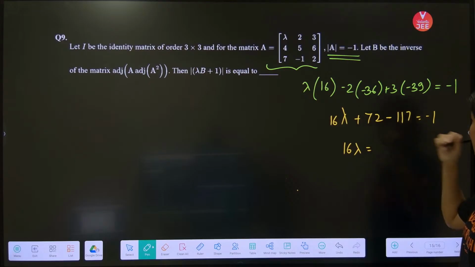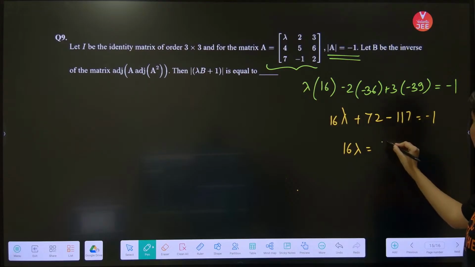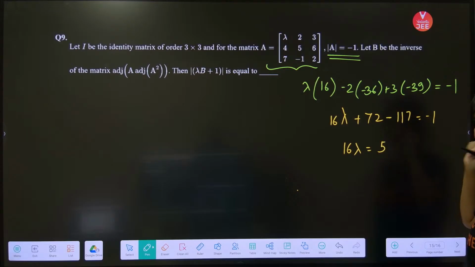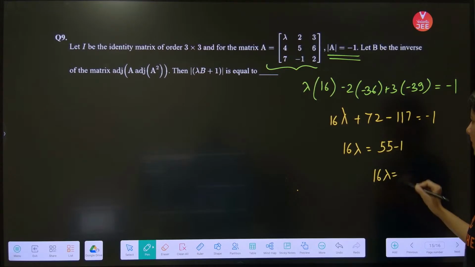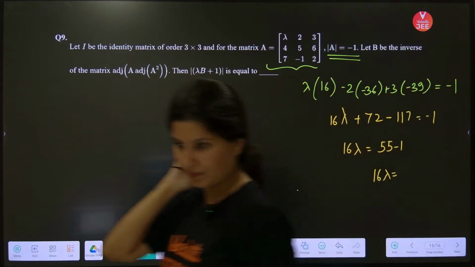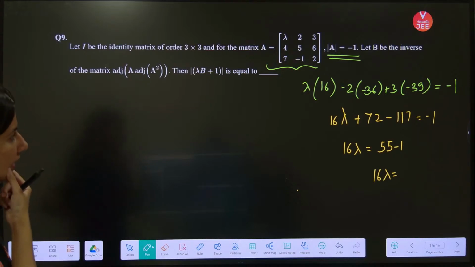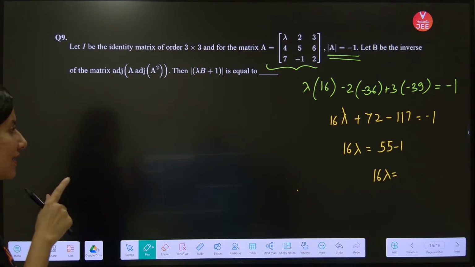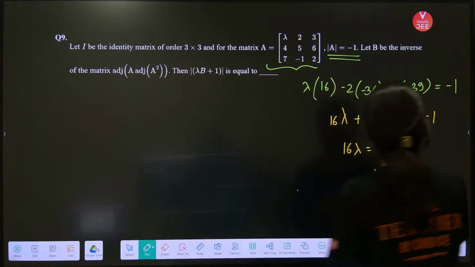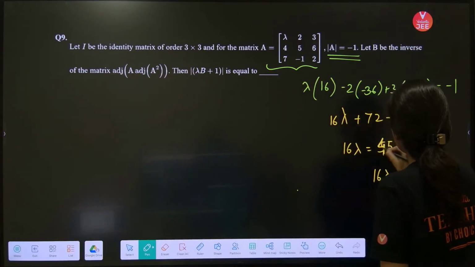So 55 minus 1. Hold on. Not exactly. Sorry, this is 45.